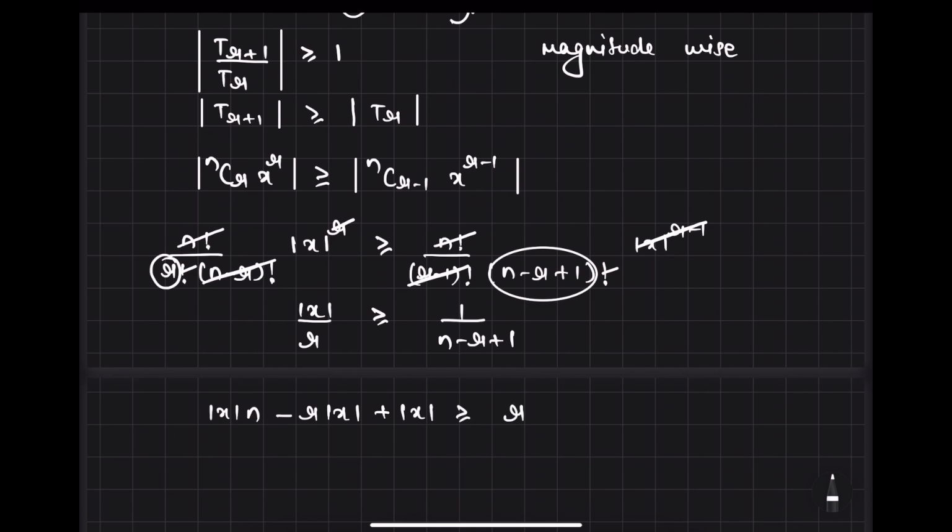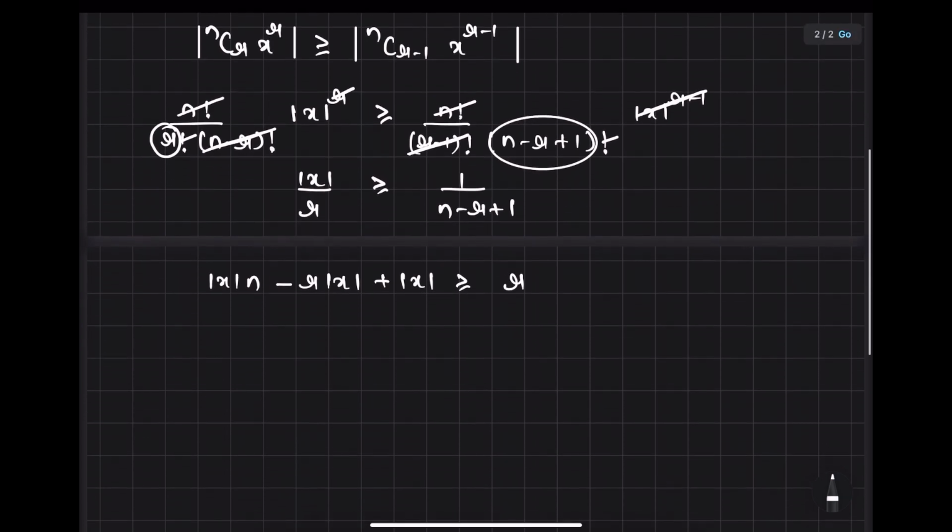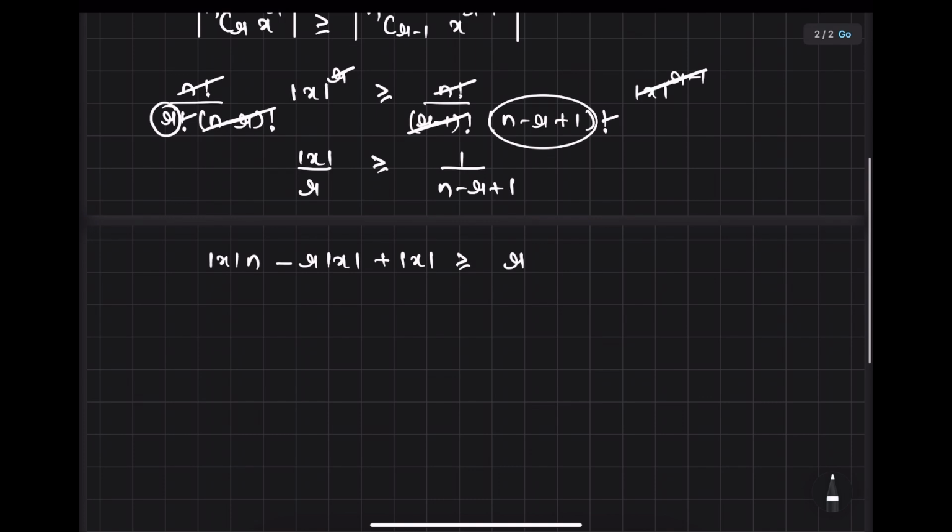Now I want to find the value of r, meaning we are interested in finding the location at which the term will produce the greatest value. So I will take r to that side, and we will have (1 + |x|), and we are left with |x|(n+1), correct?